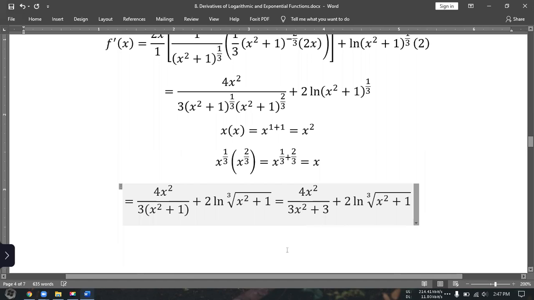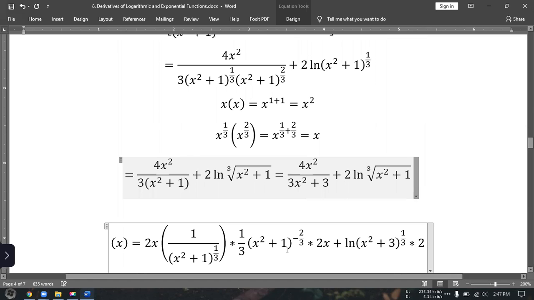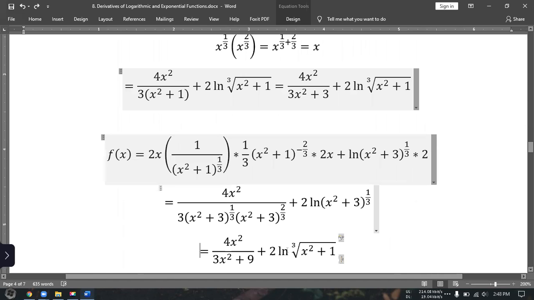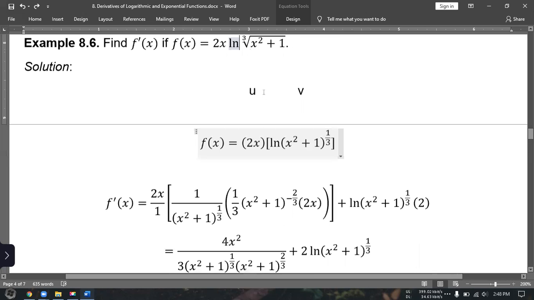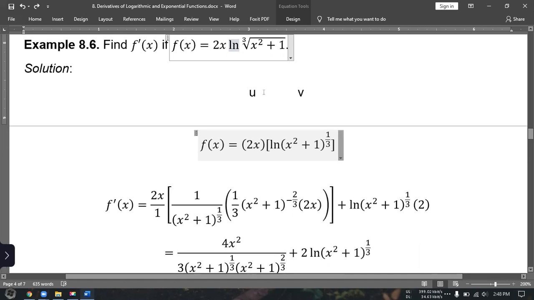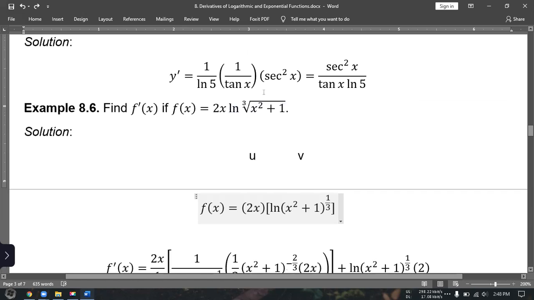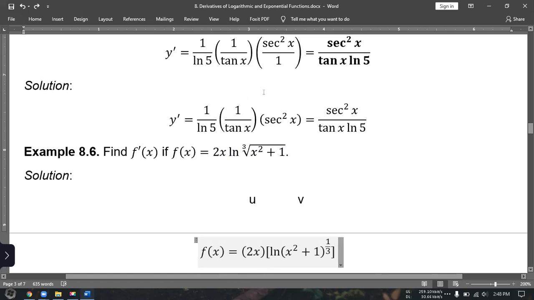Para alam ko. So the same. We have the same answer. 4x squared over 2x squared plus... sorry, 9. Bakit naging 9? Is that 3 plus 3? This is plus 1. The given is plus 1. Nangyari ba't naging 3 siya doon?